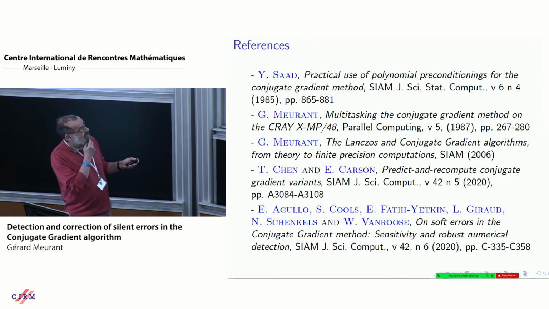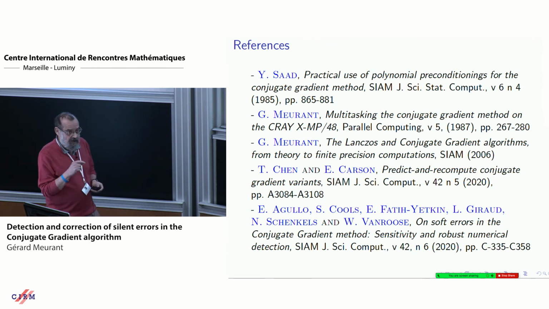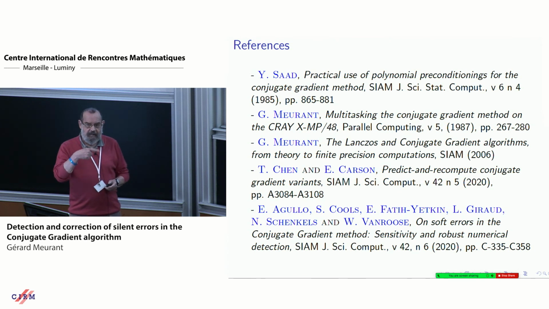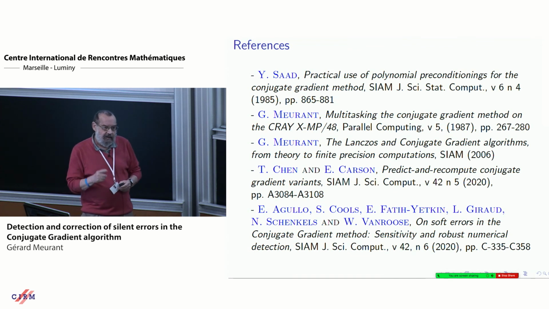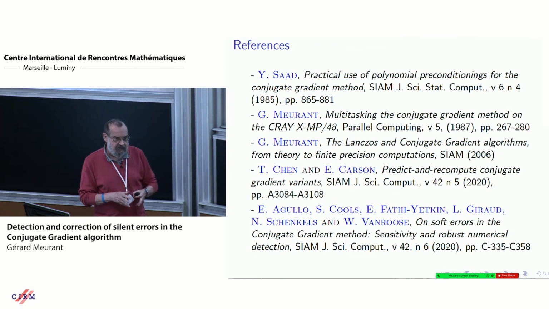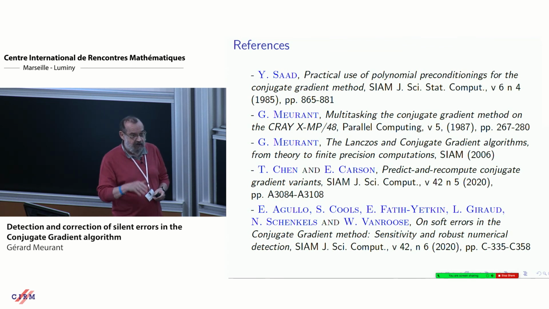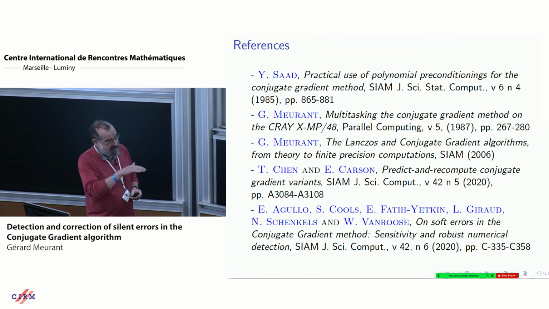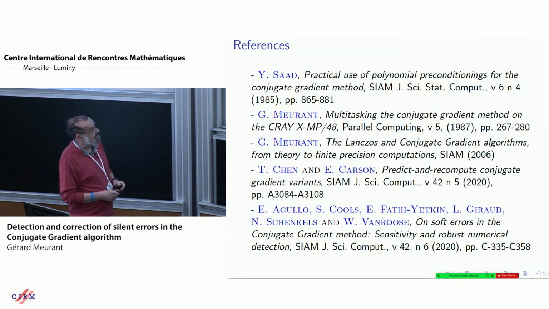And in fact, they extended this kind of idea to many of these new pipelined variants of CG that people have been developing for increasing the parallelism. And many of these methods are not so stable anyway, or they have a bad maximum attainable accuracy. And if you use this kind of idea of predicting things and recomputing, then you get much better results.